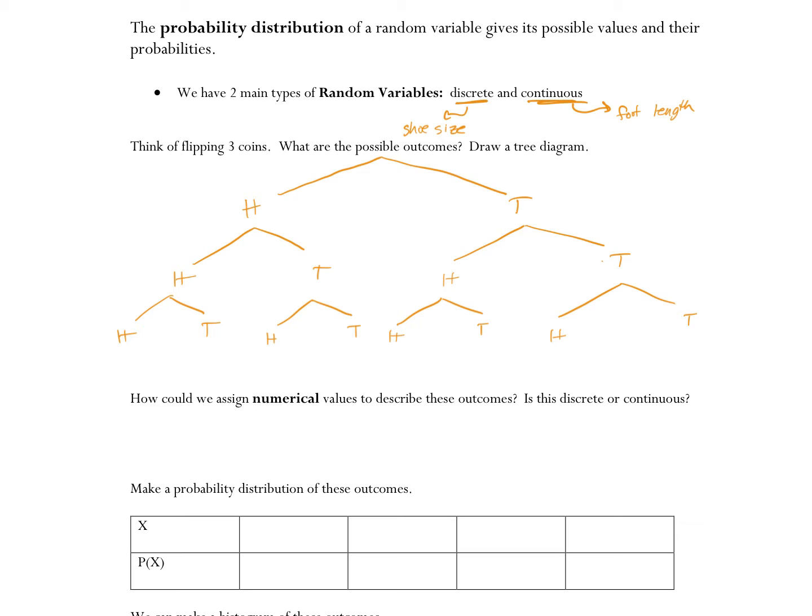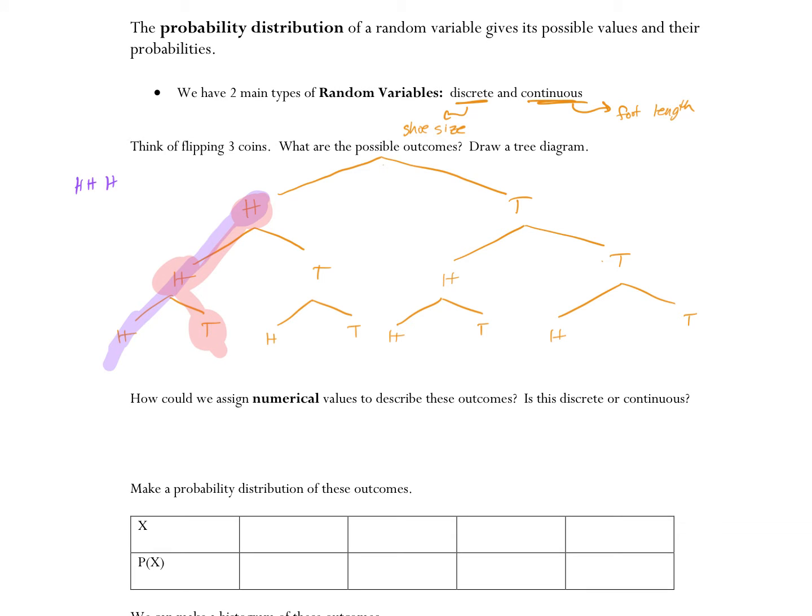And if we wanted to, I could trace each branch here. If I trace this first branch, I have heads, heads, and heads. So that outcome is heads, heads, heads. Everybody good? And then I do the next branch, and it would be heads, heads, tails.